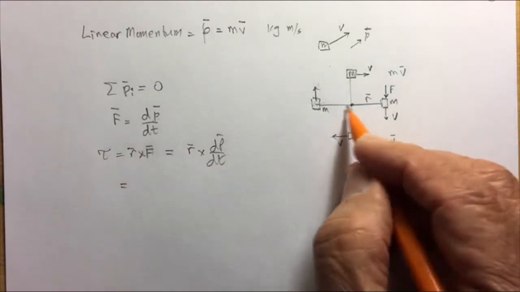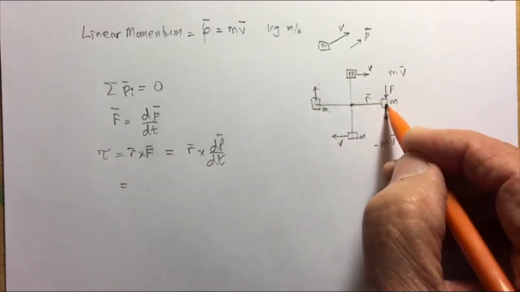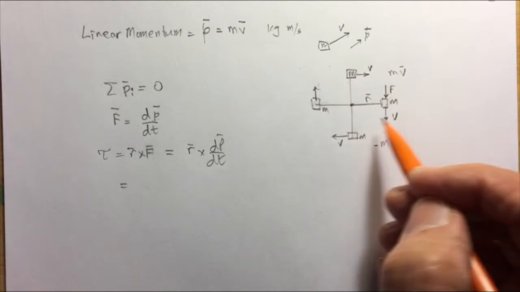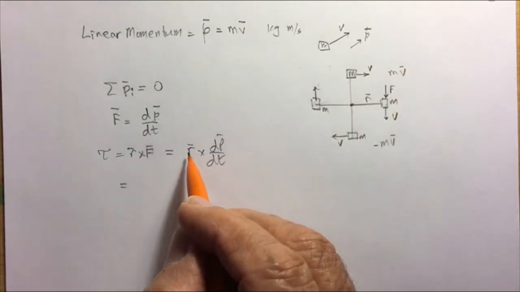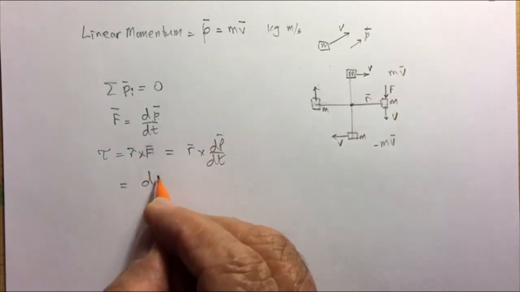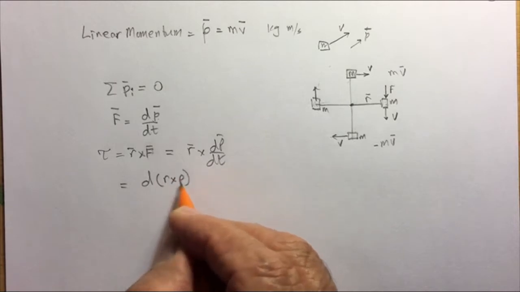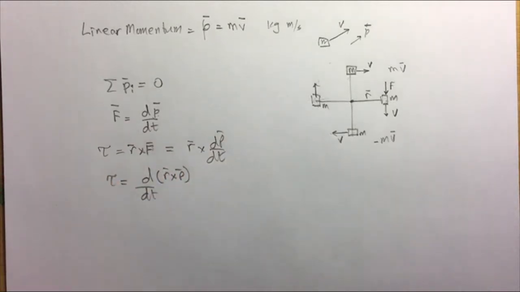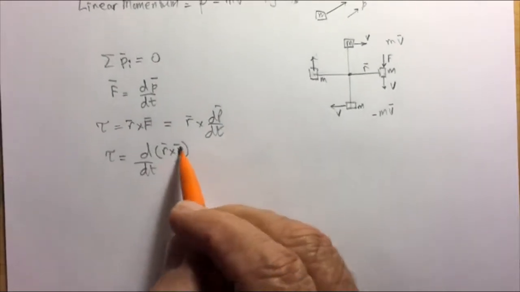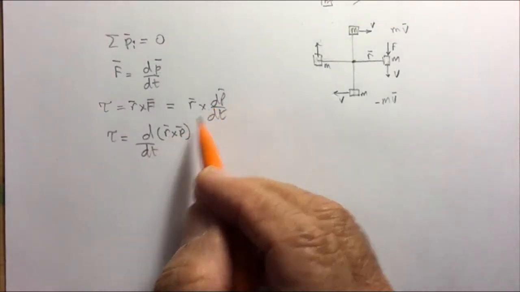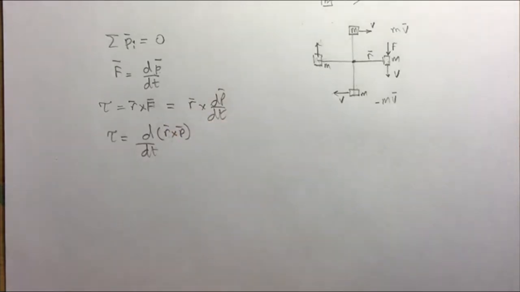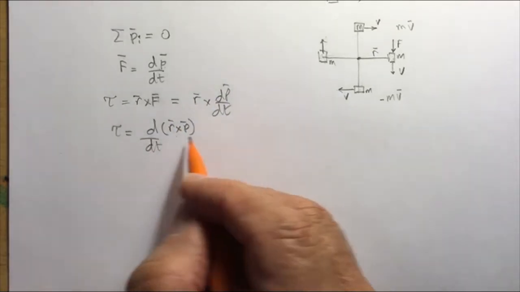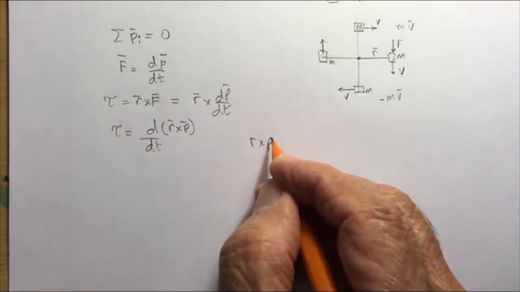Now since it's a rigid body, r is constant and it's going to be spinning, so r is always the same, so we can take it inside, and it becomes d of r cross p over dt. And it can be shown that these are the same, which is true only if r is constant.